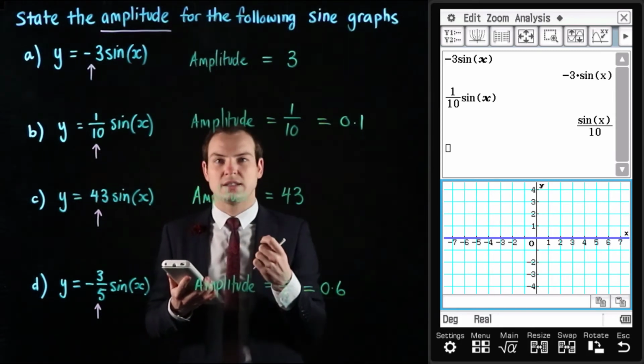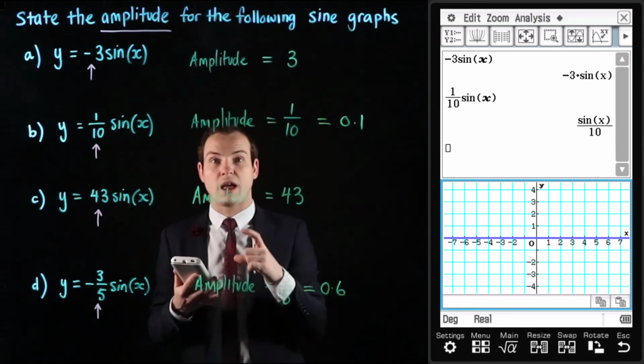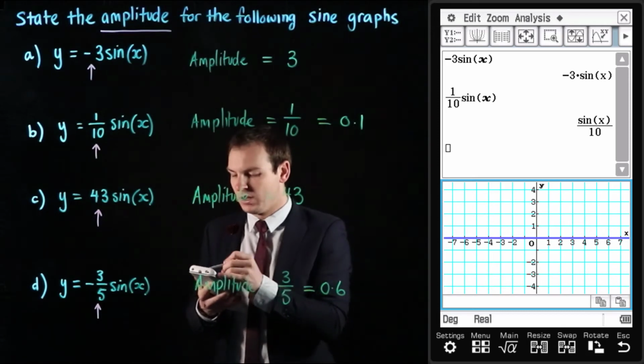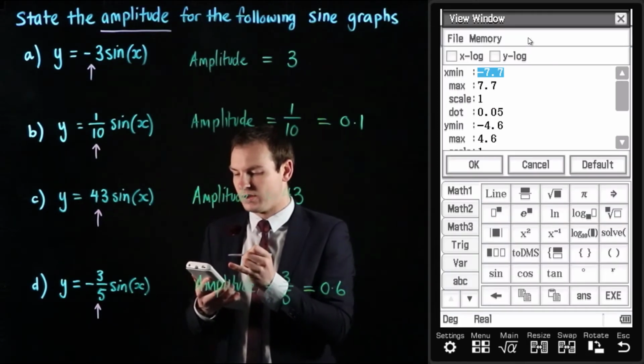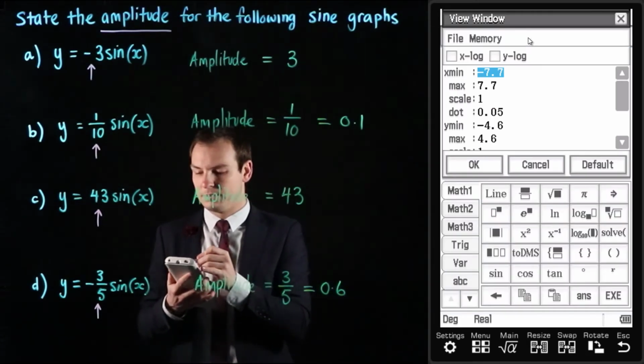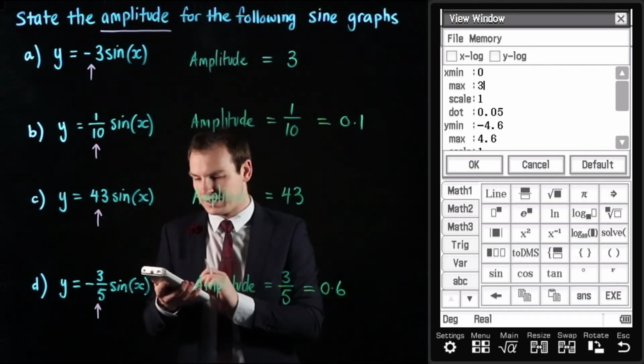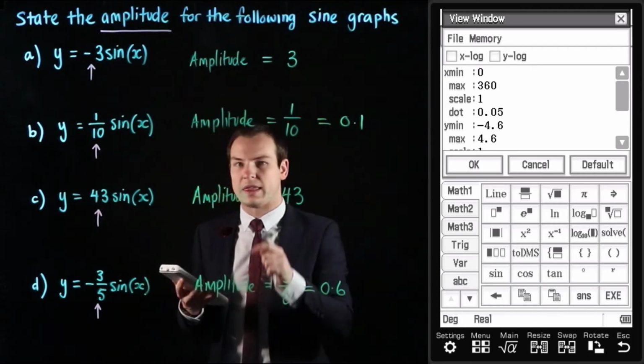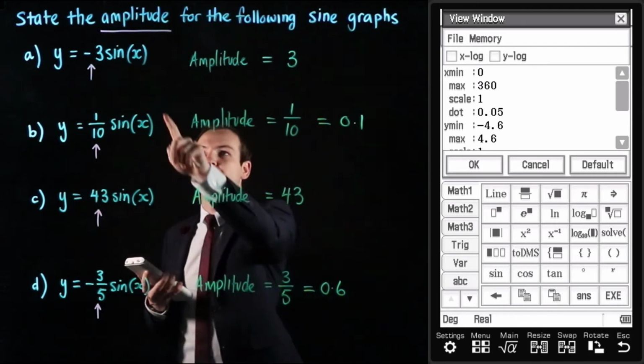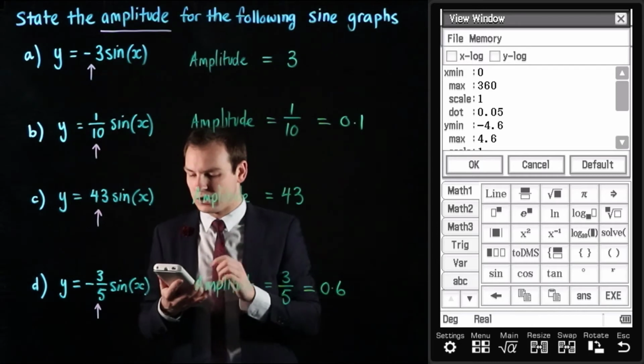What that means is we need to think about how we need to change the graphing window so that it will display better. So using the 4 arrows or things at the top of the screen, we're going to change our x minimum to be 0 and our x maximum to be 360, because we talked briefly before about that being one cycle of a sine graph, provided the number next to the x hasn't changed.